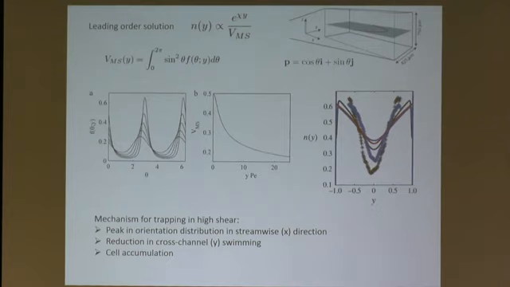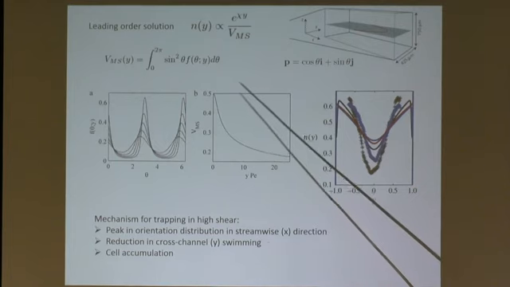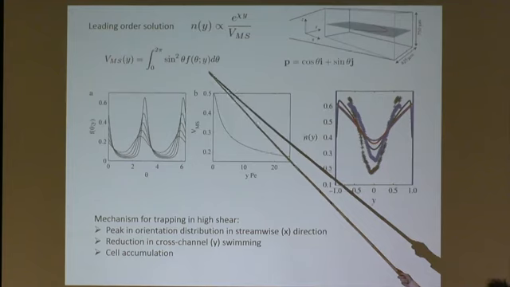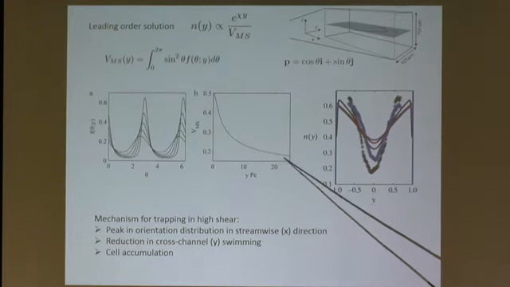So the reorientating mechanism generates peaks in the orientation in the streamwise direction at high shear. If you've got a peak in the streamwise direction, you see a reduction in the cross-channel swimming. So peaks in the horizontal means you get this drop in the mean squared vertical swimming speed.